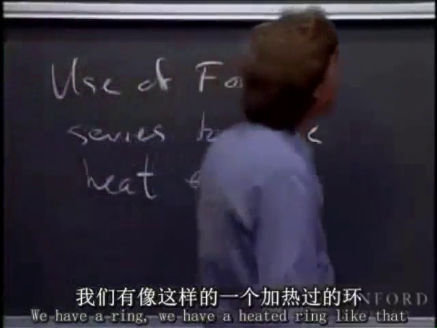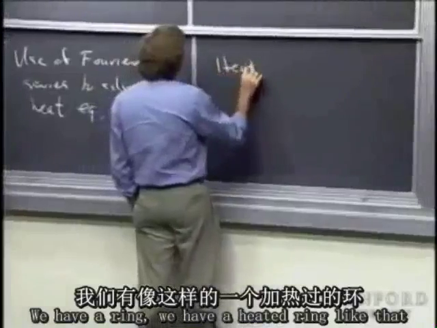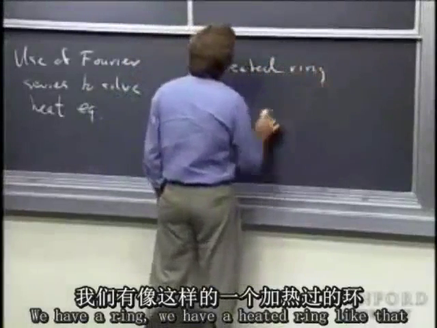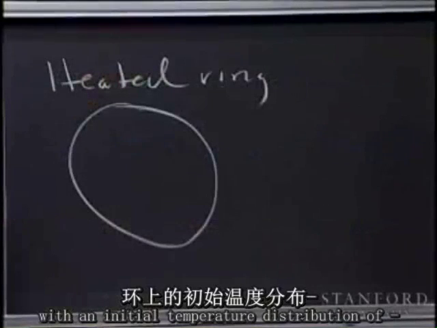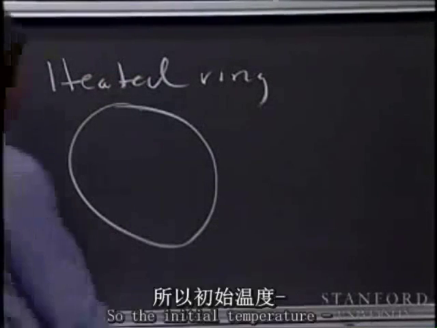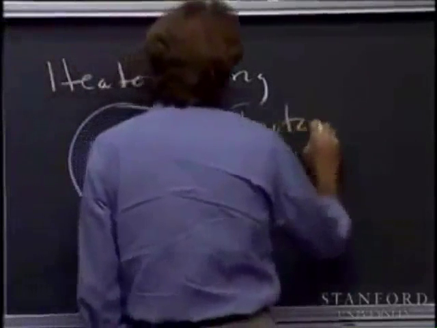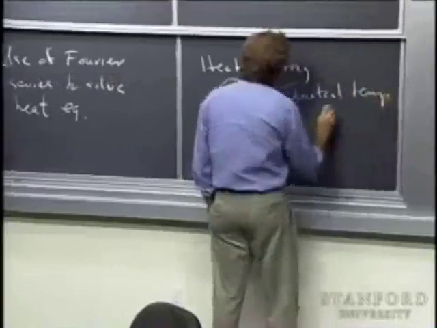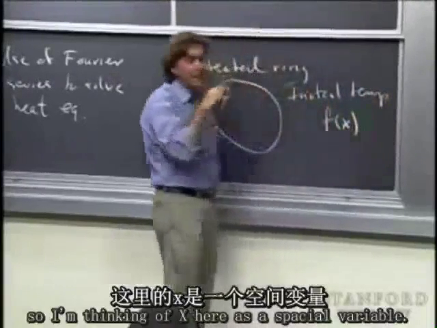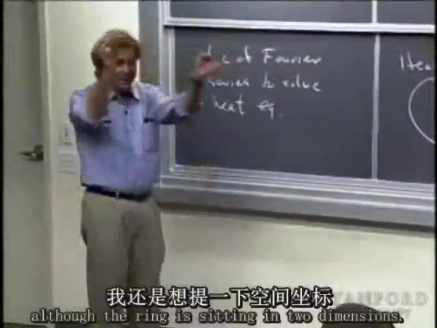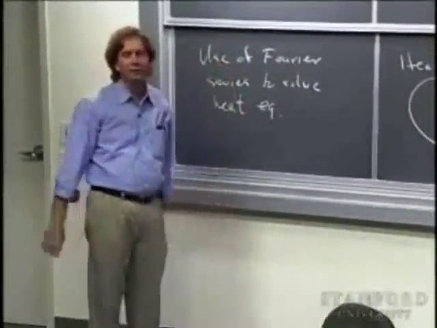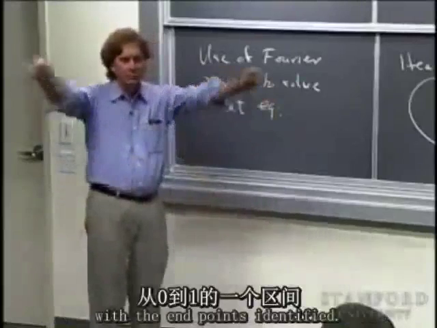We have a heated ring, like that, with an initial temperature distribution we're calling f of x. All right, so the initial temperature. I'm thinking of x here as a spatial variable, a one-dimensional spatial variable, although the ring is sitting in two dimensions. So I can think of the ring, if I want, as an interval from 0 to 1 with the endpoints identified.